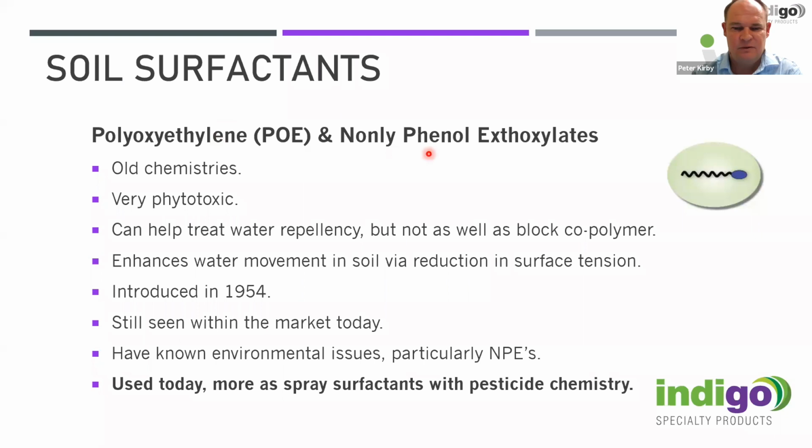Nonylphenol ethoxylates are very strong in overcoming hydrophobicity, but they have known environmental issues. They stick around too long in the environment, and they've been found in waterways many years after the product's been applied. So you've got to be careful using those.